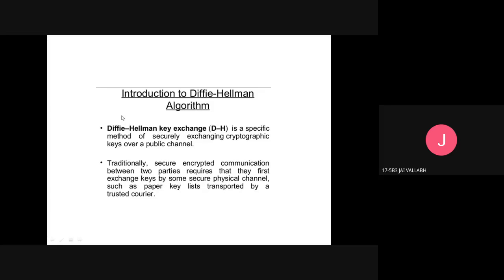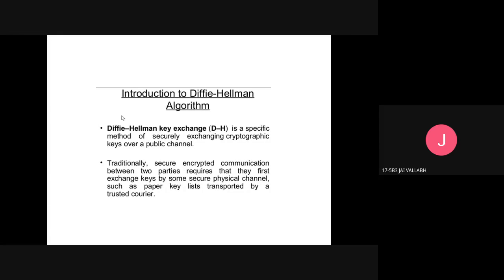So, seeing about the Diffie-Hellman algorithm, it is used for exchanging keys which are secret and only to be known by the ones sending and receiving. Generally, the keys can be hacked by a third person, or if shared through an insecure channel, they can be seen by others.